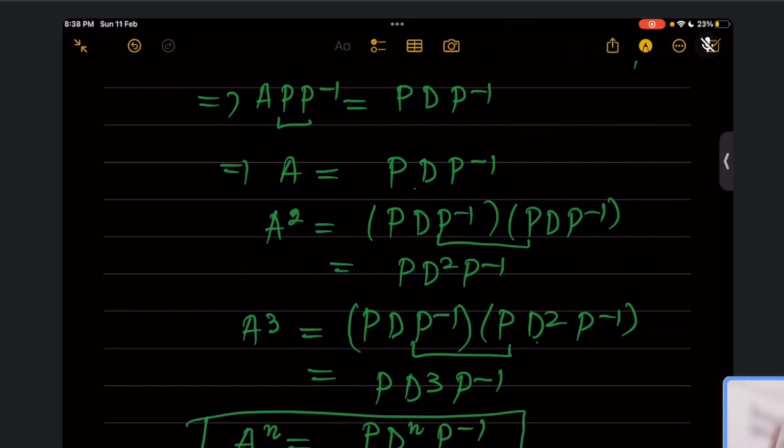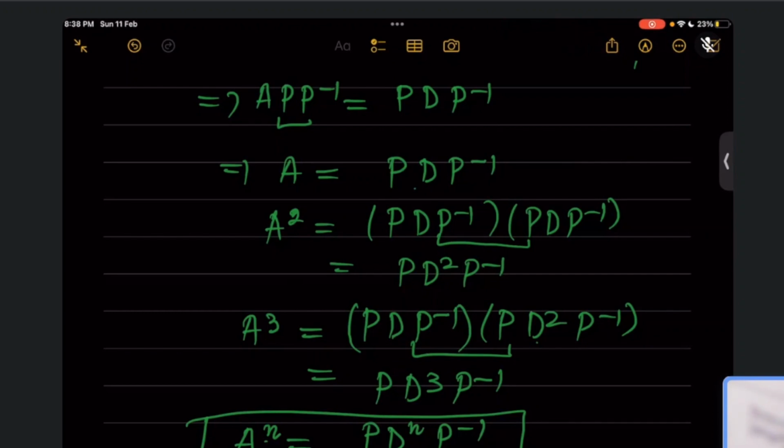Now see, this is useful because even if you have to find A to the power 1000, this P and P inverse is not going to change. You have found it earlier, you find P, you find P inverse, then D to the power 100 is simple. Why? Because it is a diagonal matrix. Each entry will just be raised to power 100.